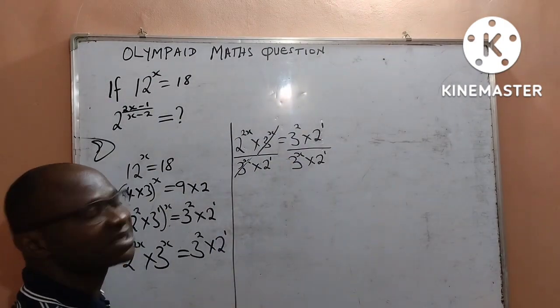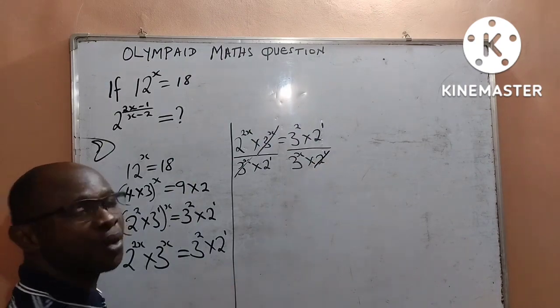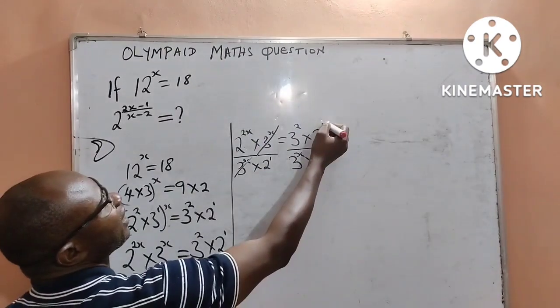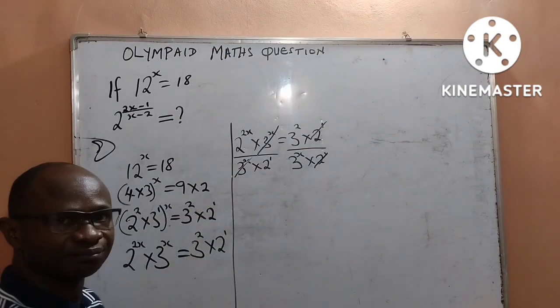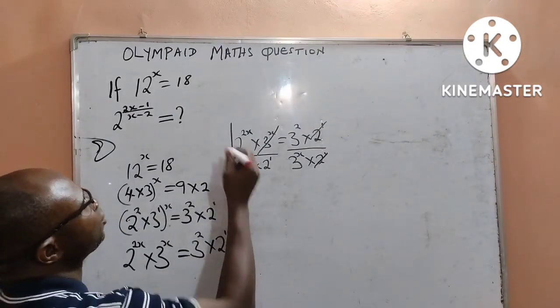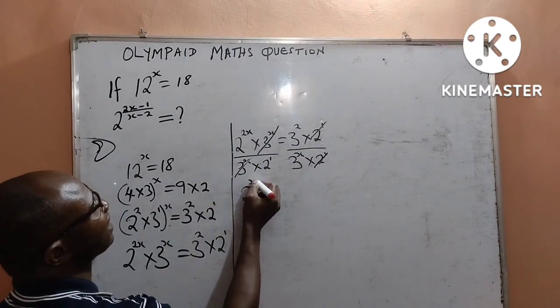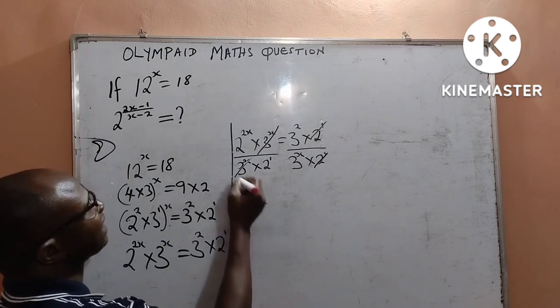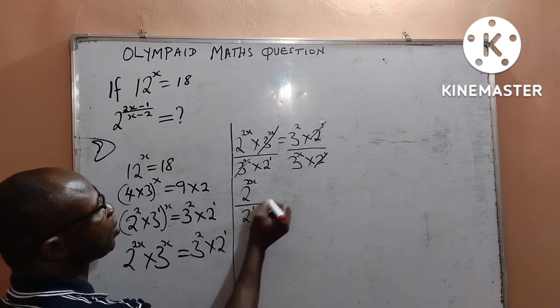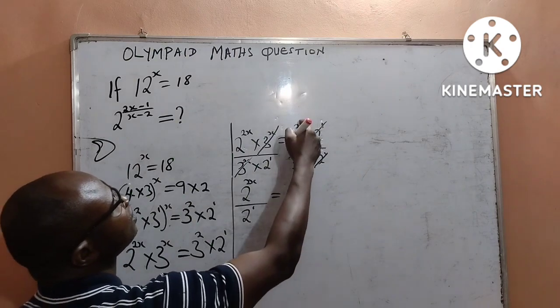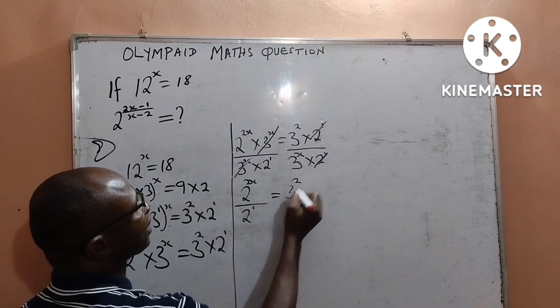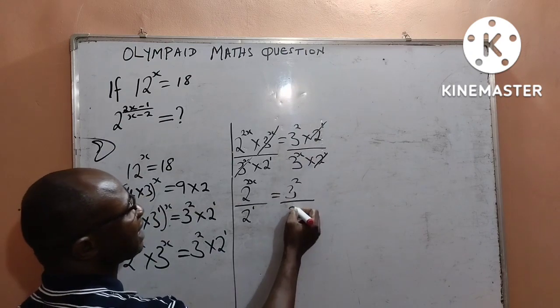Also, on the right hand side, 2 raised to the power 1 at the denominator will cancel 2 raised to the power 1 at the numerator. Left with me, on the left hand side, at the numerator is 2 raised to the power 2x, and at the denominator is 2 raised to the power 1. On the right hand side, what I have left is 3 raised to the power 2 all over 3 raised to the power x.